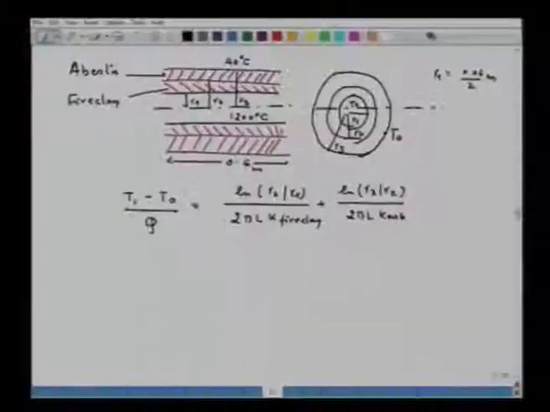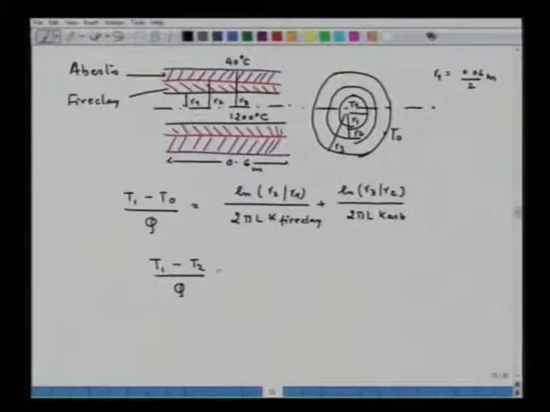So with this we can write down, T1 minus T2 upon Q is equal to ln(R2 upon R1) upon 2 pi L k fire clay.